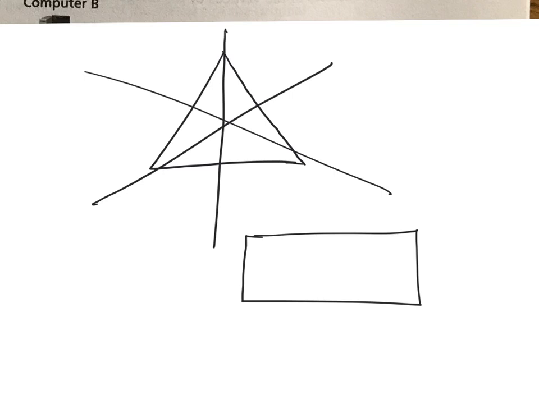A rectangle. Draw it and draw all the lines. Draw your lines of symmetry, please. 1, 2. So it has 2. It does not have any more than that.